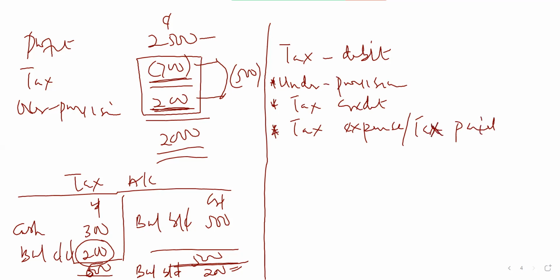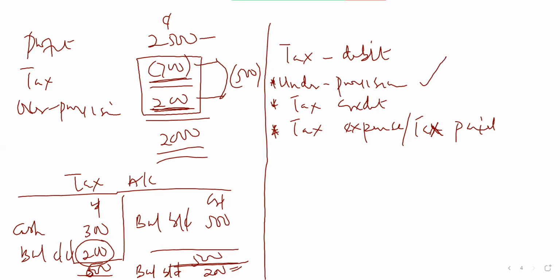So if it is not tax expense, it can be tax paid. If you pay tax, the double entry is that you credit cash or bank and debit the tax account. So if you are closing the balance, it means that the tax will be having a debit balance. Then you now bring it to the debit side. So whenever you see a tax figure on the debit side, it can mean under provision.